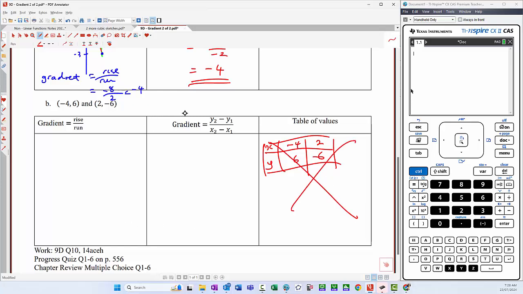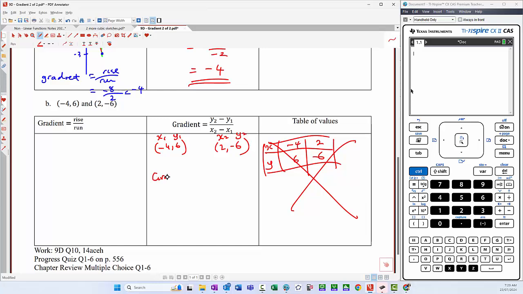All right, so let's just try the gradient equals y2 take away y1. We'll try this method second. So we're going to go -4, 6, and 2, -6. We're going to put x1, y1, x2, and y2.